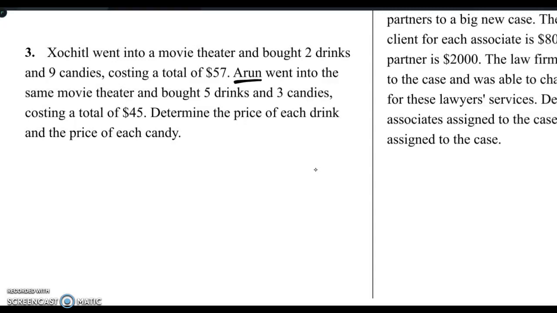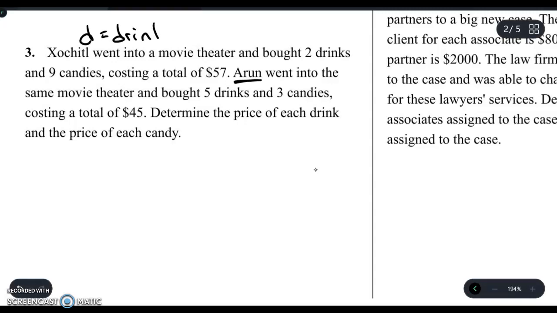So this one, we're going to have 2 standard form equations. We're going to start with the first one, where you have the 2, and let's say D represents the drinks, D for drinks, and C for candy.